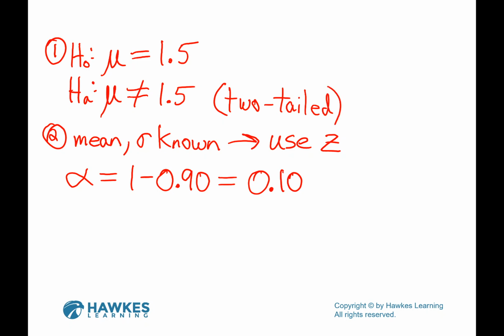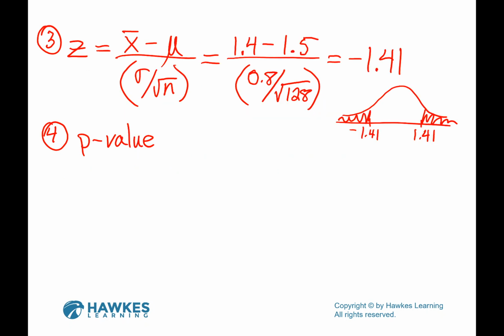Remember our shortcut, we go to the one on the left, the negative one. We can look that up in the table and multiply that area by 2, because it's two-tailed. So our p-value is 2 times the area to the left of the z-value that's on the left, which is negative 1.41.